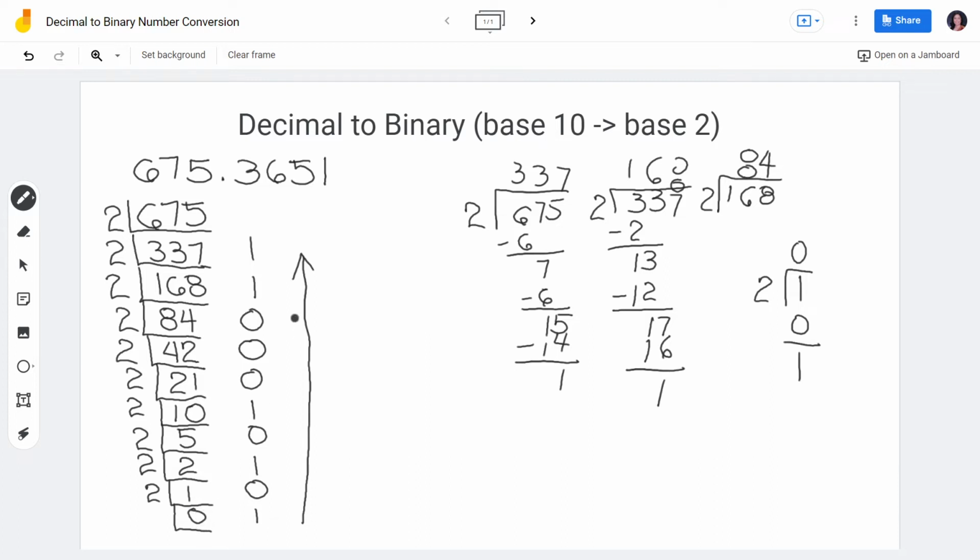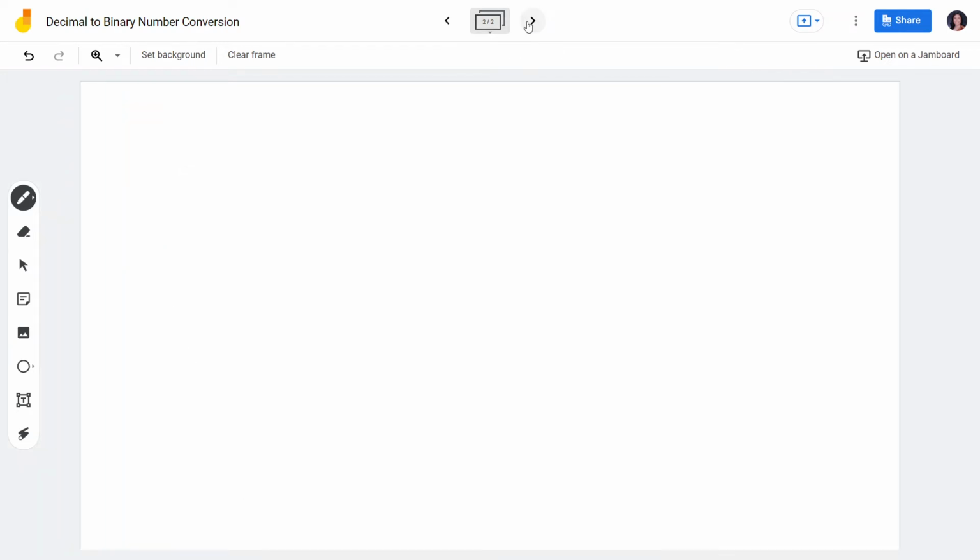So let's proceed to our fraction part, which is 0.3651. Allow me to write it here: 3651. For the integer part we divide by 2, but for the fraction part, we're going to multiply by 2.